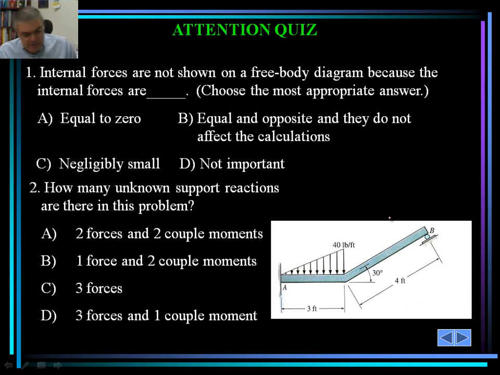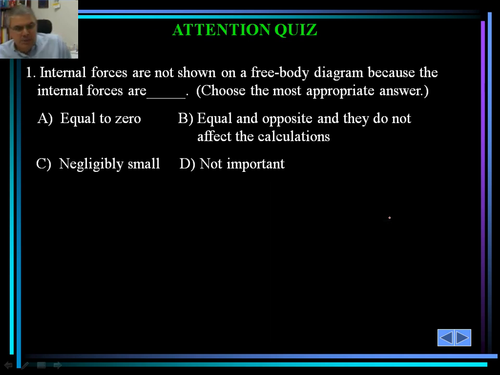So take a look at an attention quiz. I mean, take a look at the first one first. Internal forces are not shown on a free body diagram because the internal forces are blank. And we need to choose the most appropriate answer in this case. Because they're equal to 0? No. They may or may not be equal to 0 because they're negligibly small?